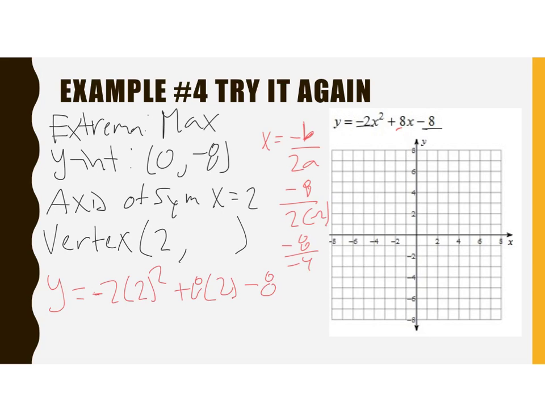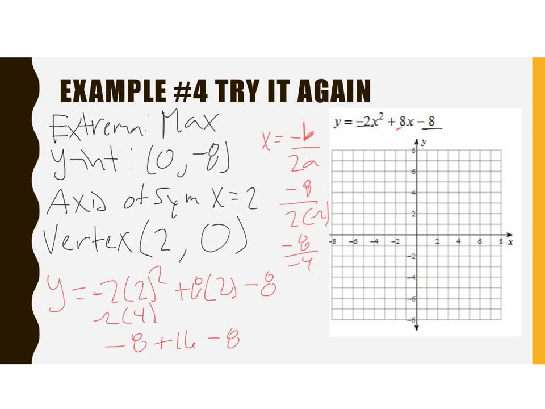Well, 2 squared is 4. -2 times 4 is -8. 8 times 2 is going to give me 16 minus 8. Well, -8 plus 16 minus 8 gives me a y value of 0.